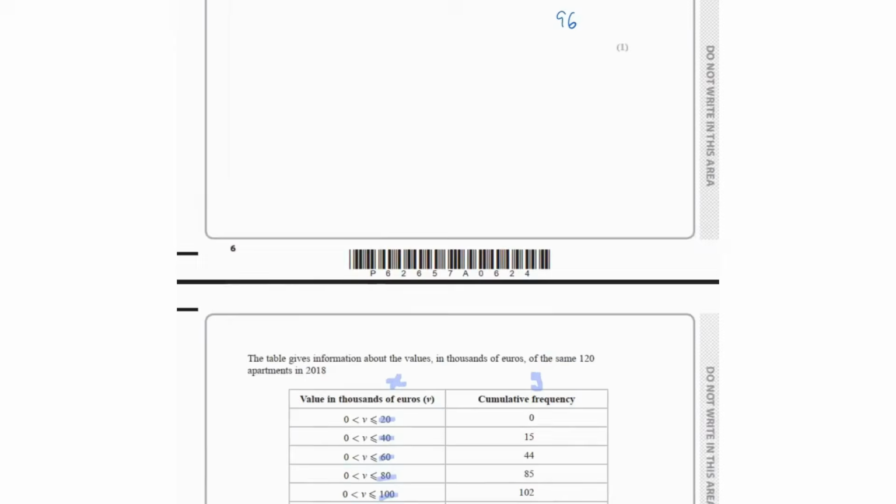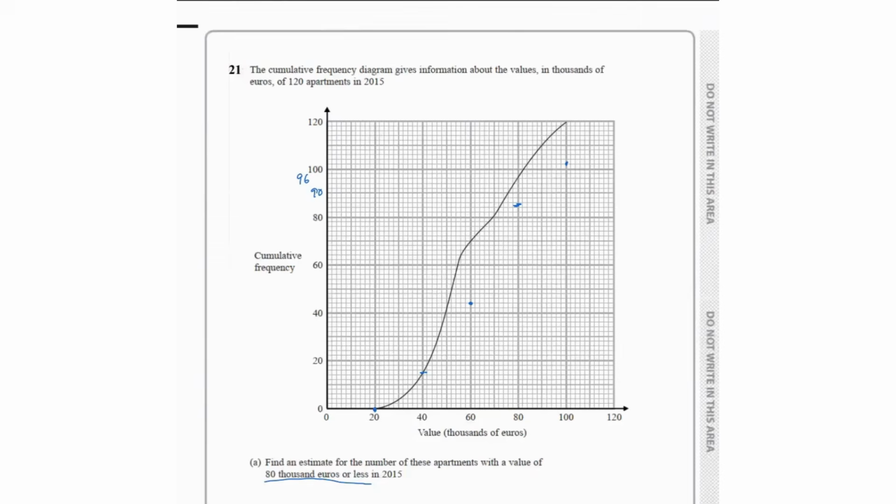And 120 is 120. Okay, so now we just connect these. That's the cumulative frequency graph.